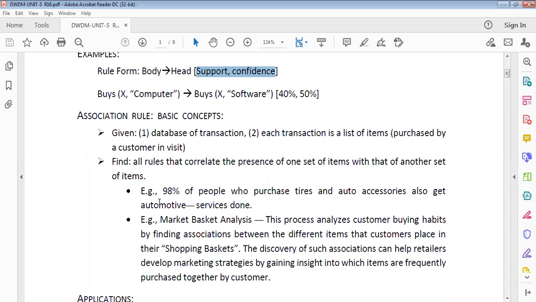This process analyzes customer buying habits by finding associations between the different items that customers place in their shopping baskets. The discovery of such associations can help retailers develop marketing strategies by gaining insight into which items are frequently purchased together by customers. Most customers visit a retail shop, and the frequent items they purchase are what you identify and represent.